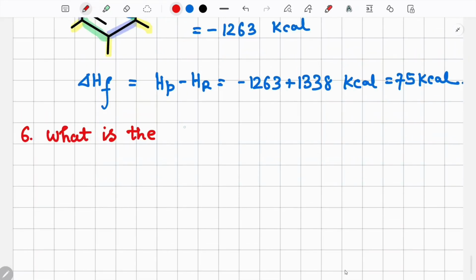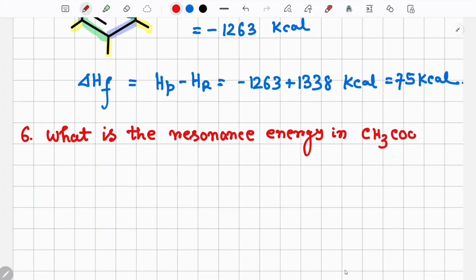What is the resonance energy in acetic acid? You have to calculate it from the following data.